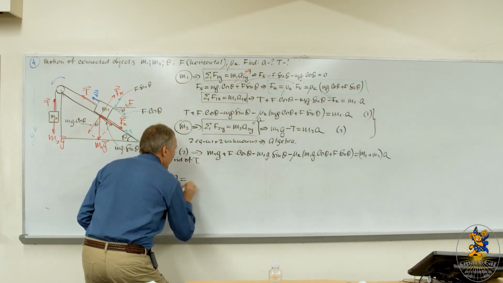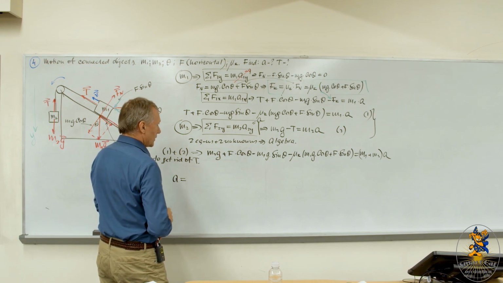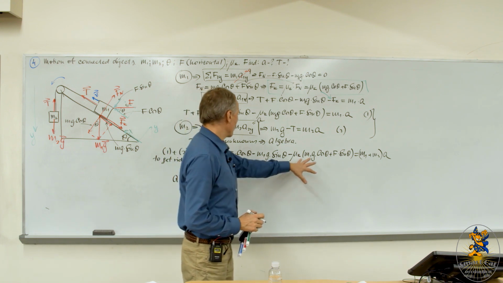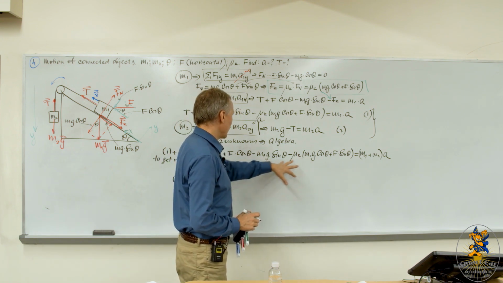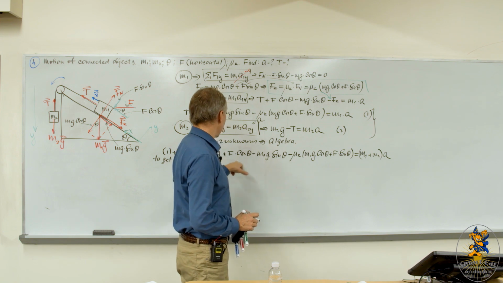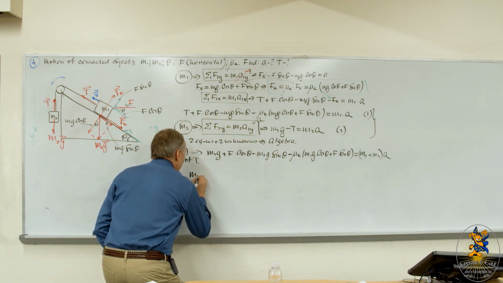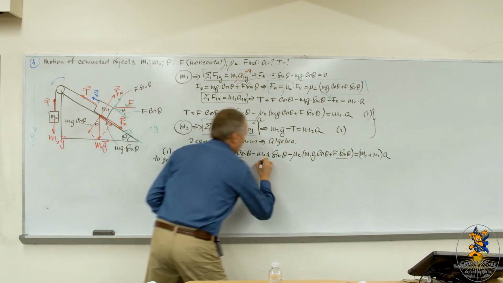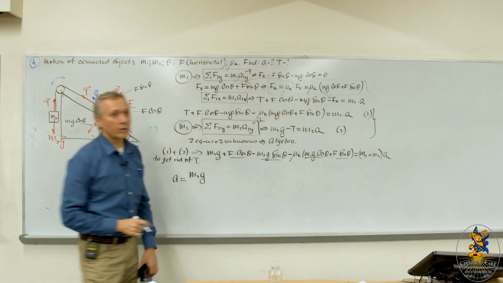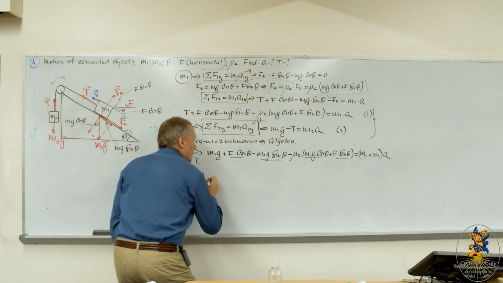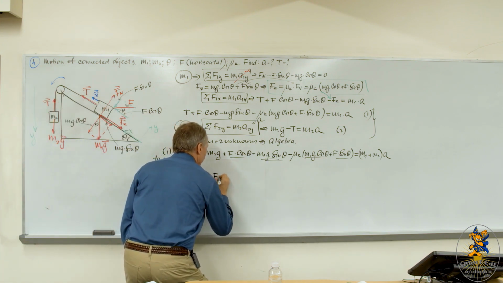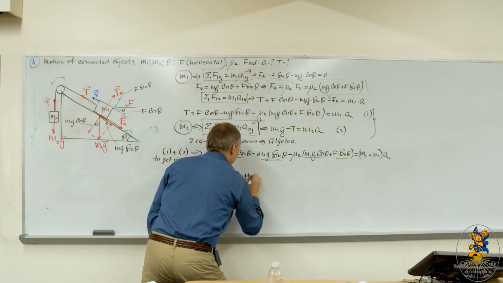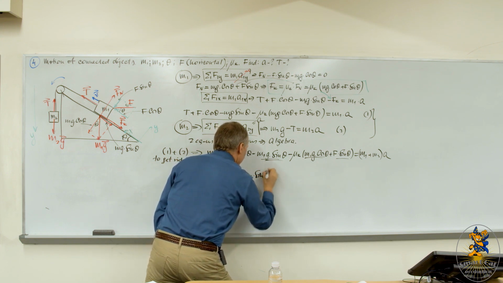So acceleration will be equal to, how can I combine them? I can factor out M1 G over here, and yeah, maybe I will do this. M2 G, combine this term with that term, and these guys with that guy. So I can factor out F and M1 G. So it will be plus F cosine theta minus mu k sine theta.